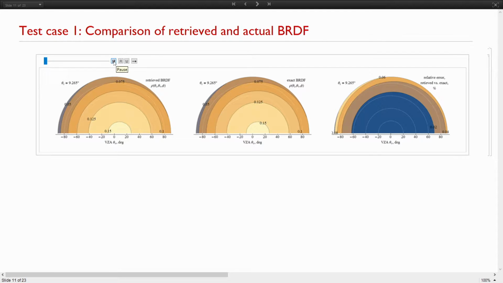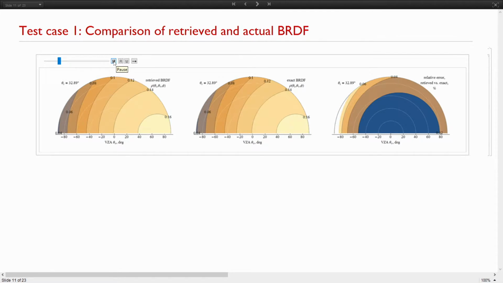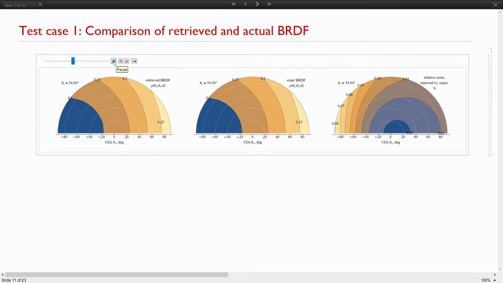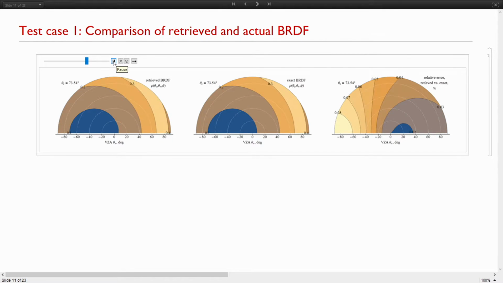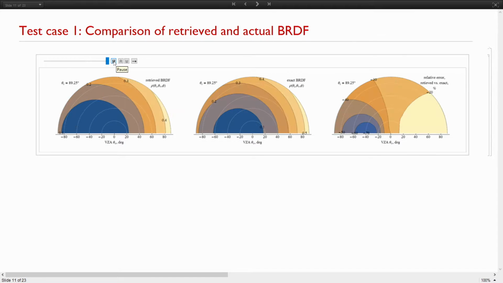We can see that relative difference is small for almost all solar zenith angles except this one, the very low sun. In this case, we see relative difference huge. Well, we can say two solutions are of the same order of magnitude, but it's actually bad.